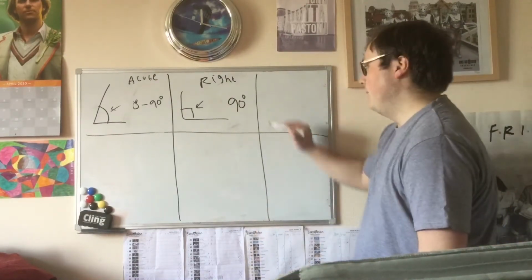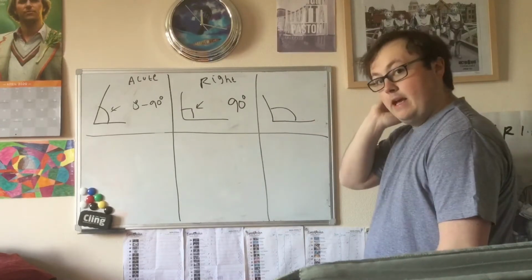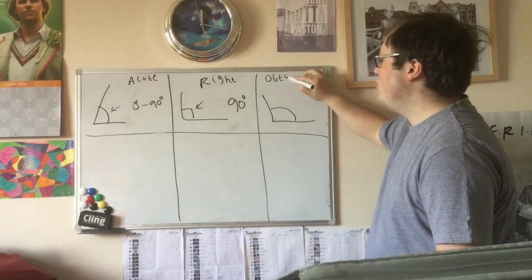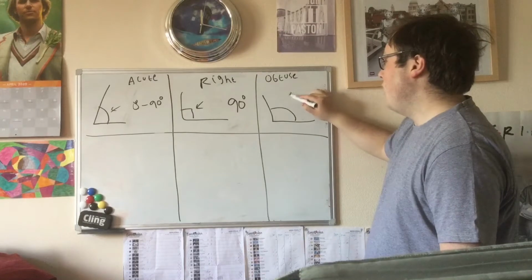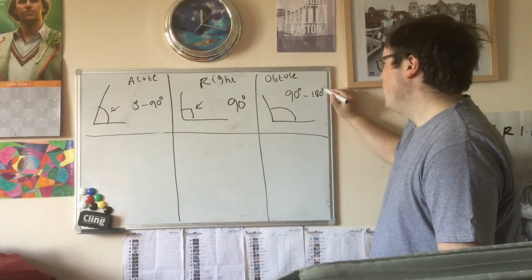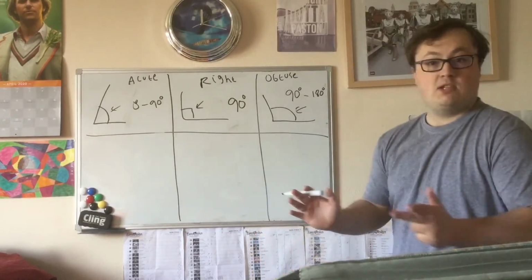Now the next one looks something like that. Slightly bigger than a right angle. This is known as an obtuse angle. Now an obtuse angle is anywhere bigger than 90 but smaller than 180 degrees. Anywhere between that.